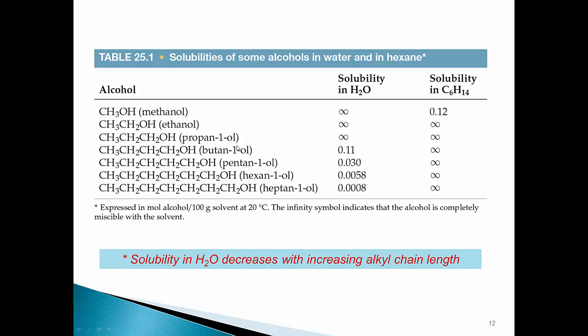As the chain gets bigger, the ability to be soluble in water decreases. So the heptan-1-ol is very non-soluble in water, so you'd actually get 2 layers forming, whereas it increases its solubility in hexane as the chain gets longer. So solubility in water decreases with increasing alkyl chain length.